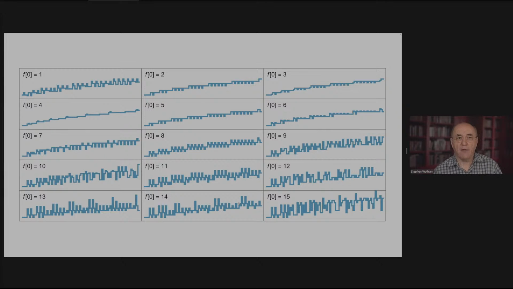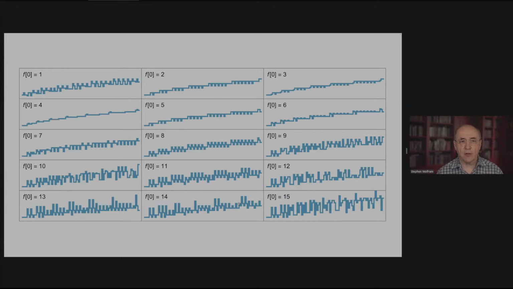This is the case where f of n equals 2 for all those very negative values, but then we set f of 0 separately, and this is showing what happens as we change f of 0, leaving f of negative numbers always equal to 2. So one question to ask is, what set of values does f of n take on?